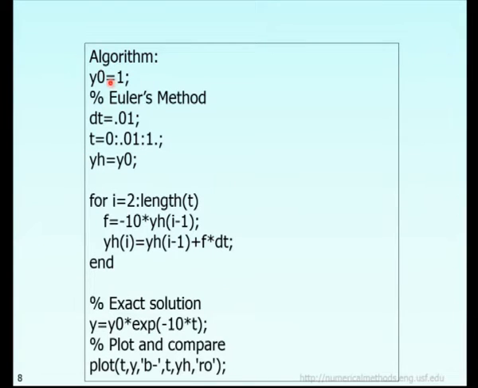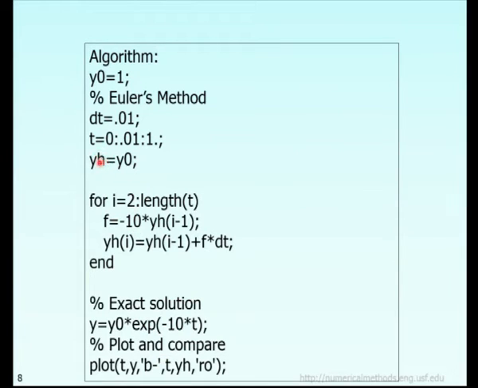And this is the algorithm. Knowing the initial value, we compute the time step. This is the particular code for the previous problem. In the previous problem, y naught is 1 and the step size is 0.01. So, for t equal to 0 to 1 with step 0.01, how many intervals? 1 by 0.01, which gives 100 iterations computed in this code.